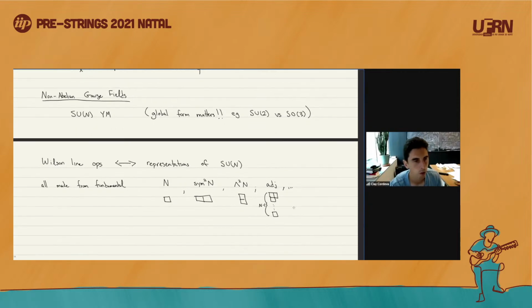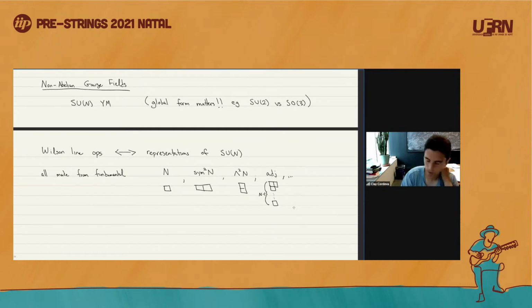It will be important for us to know the center of the group SU(N). What is this? This is matrices of the form lambda times the n by n identity matrix. First of all, maybe I should say, what's the center? It means commutes with everything.